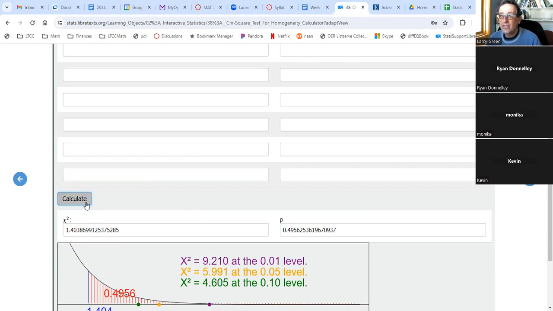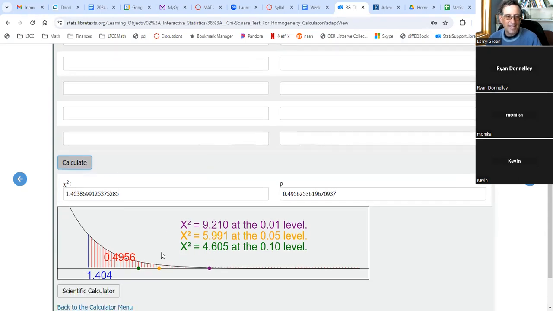Any questions? Okay, what do you notice? Yeah, the test statistic, and in particular, the p-value is about 0.4956.